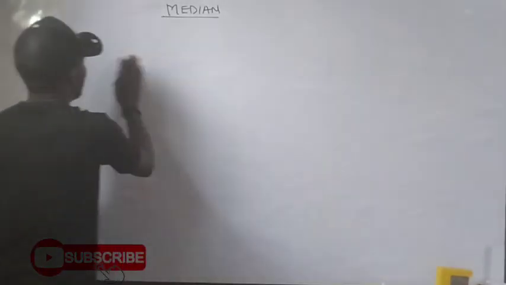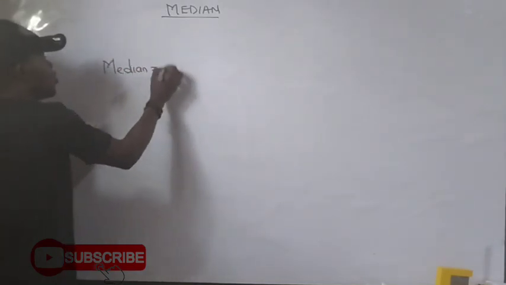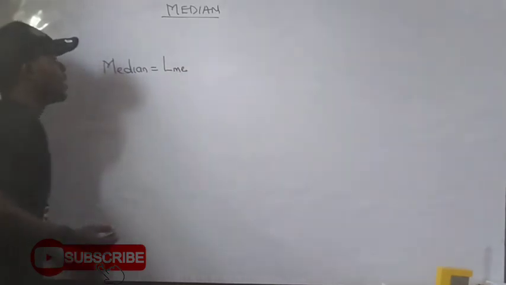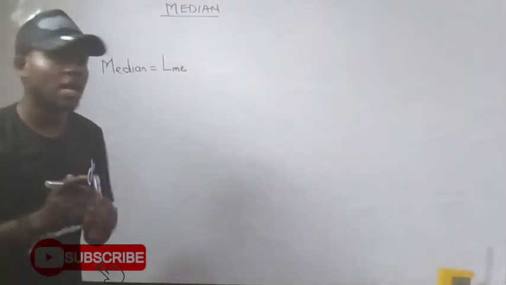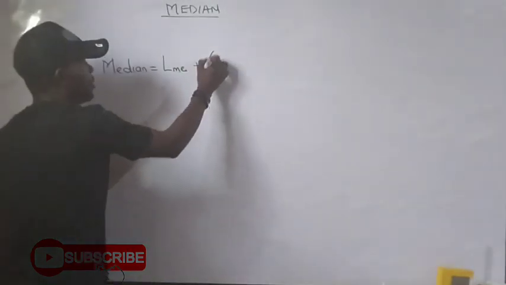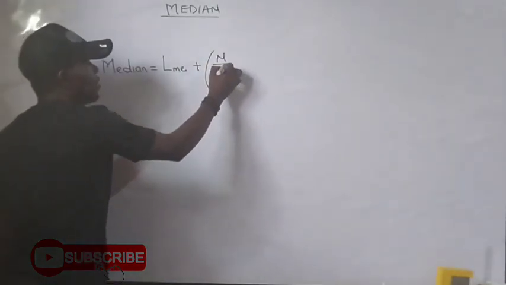That definition suffices when we are dealing with ungrouped data. But the moment we launch into grouped data, the formula changes: median equals LME, where LME is the lower class boundary of the median class, plus, in brackets, capital N over 2.